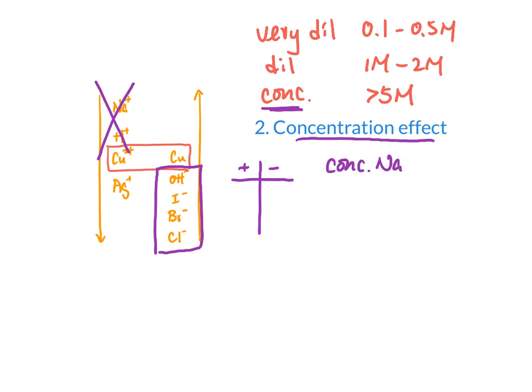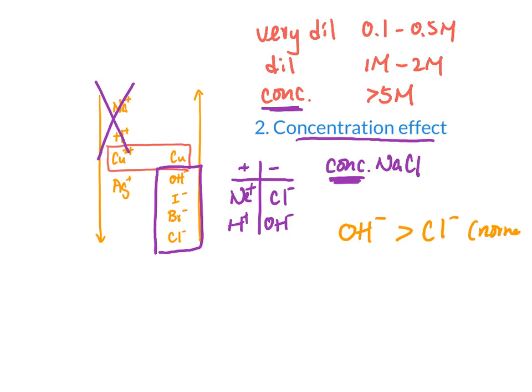Okay, so in case we have concentrated NaCl, then you go Na plus, H plus, OH minus, and Cl minus. In this case you'll find that we have concentrated NaCl, so normally OH minus is stronger than Cl minus. But this is a concentrated case, so this is not correct.